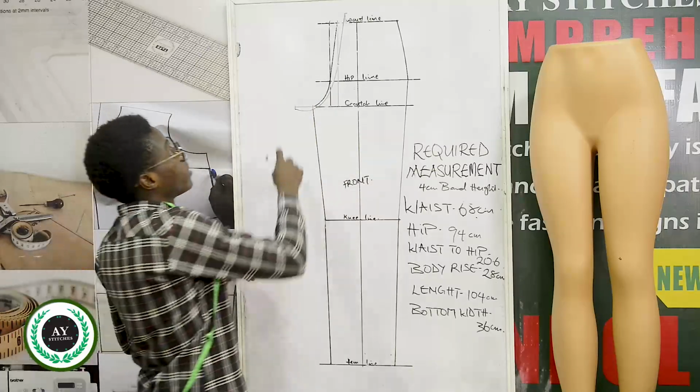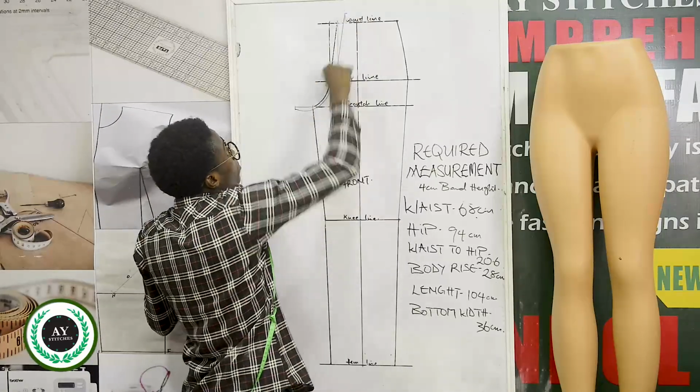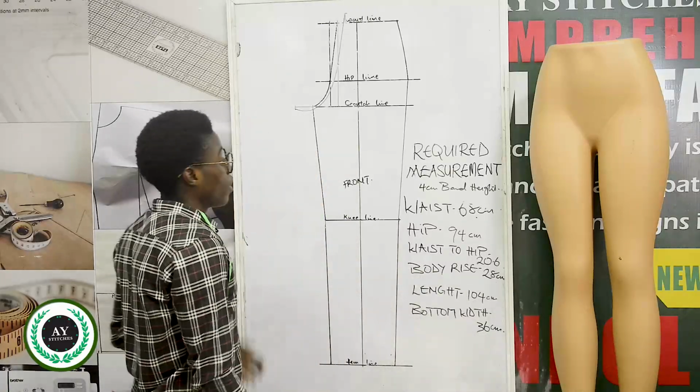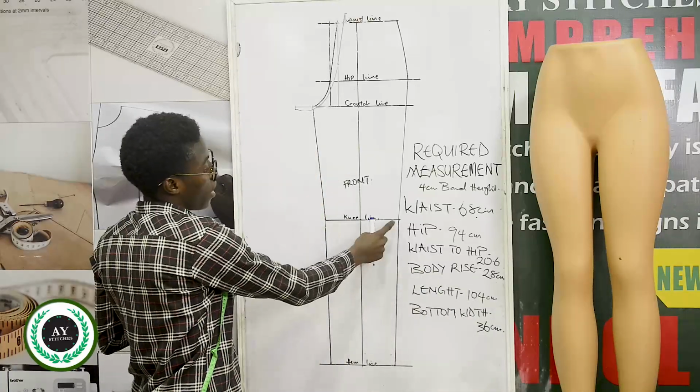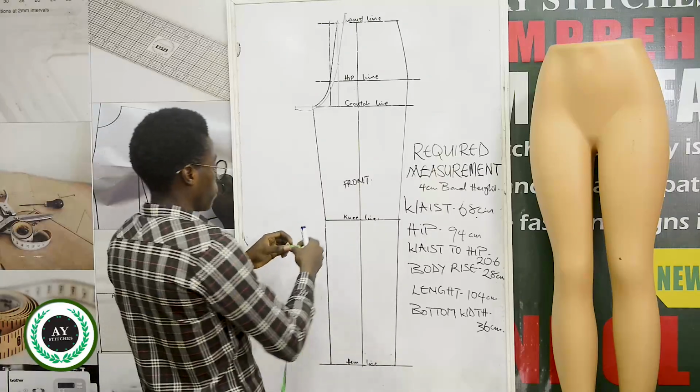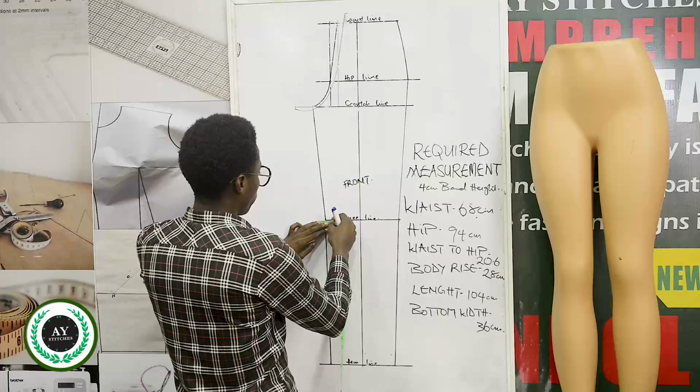So now we have what? The back body rise. So the next thing for you to do now is to bring out 2 centimeter from the knee and also from the M line. So you measure out 2 centimeter.